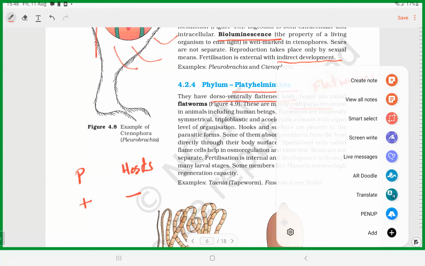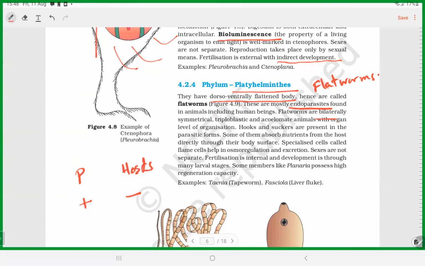Look at the other characters. They show bilateral symmetry, they are triploblastic, acoelomate animals, and they show organ system level of organization. So these are all the key points.